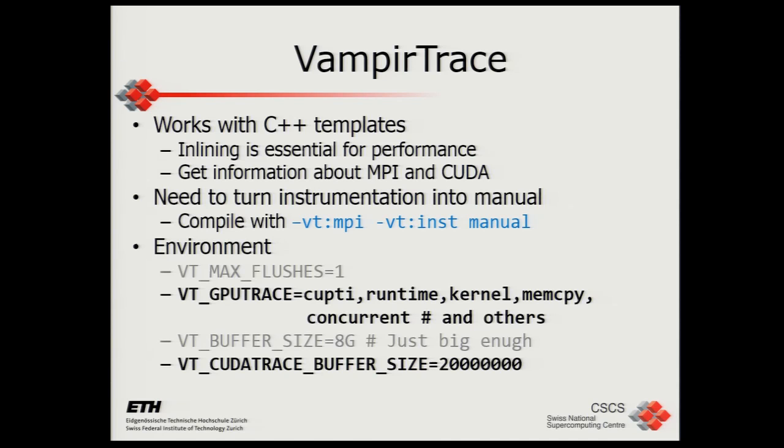What VampirTrace and other tools do is basically a source-to-source translation. They take the functions in your code and put calls before and after calling the function. They say, okay, this is the time the function is taking, these are the timestamps, or whatever. But if your code relies a lot on inlining, this instrumentation code is actually disrupting all the potential for your performance.